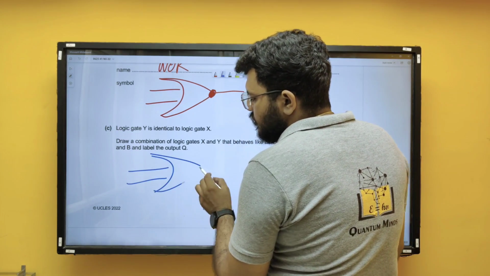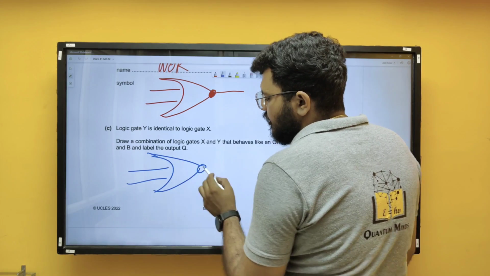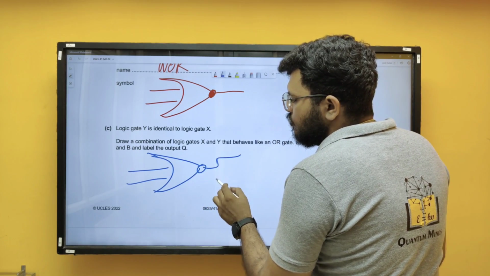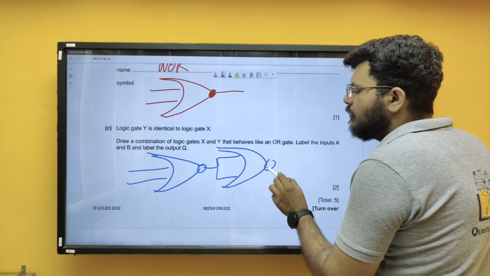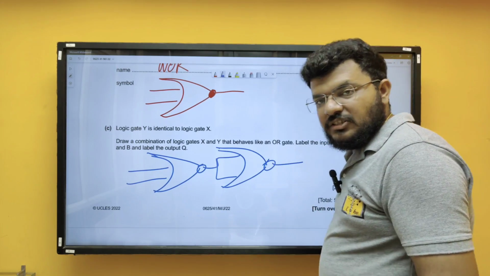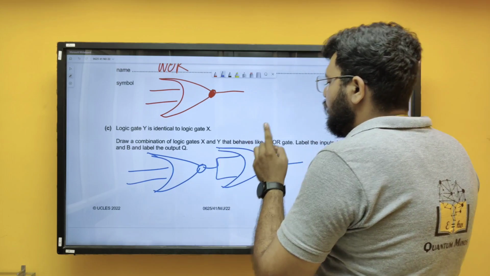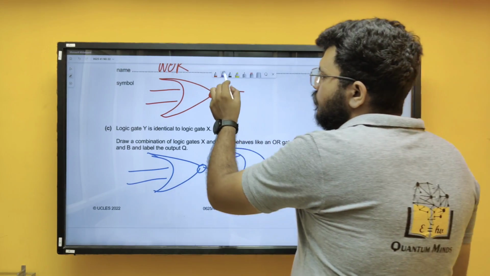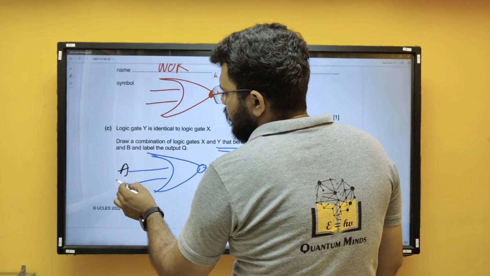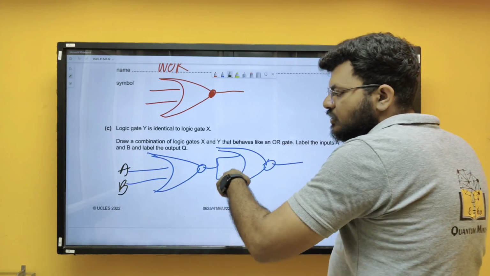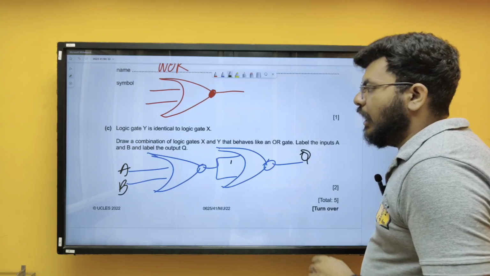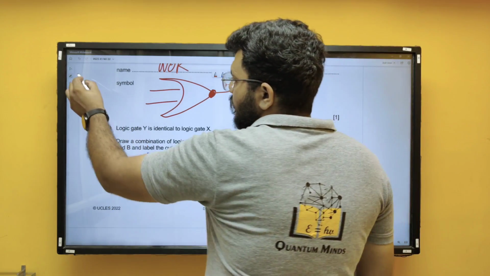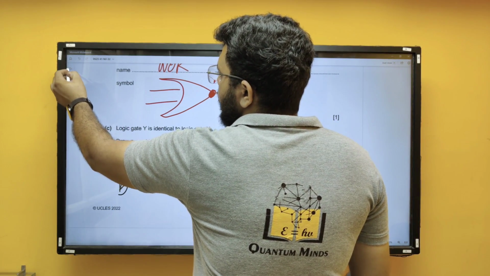So this here, and this dividing into two inputs again, the same thing happening over here, and this is your output. Then A and B should be your input. This is A, this is B, and Q is your output, which is our answer.